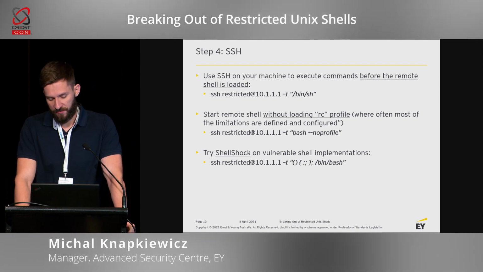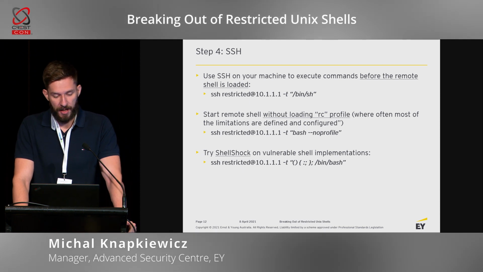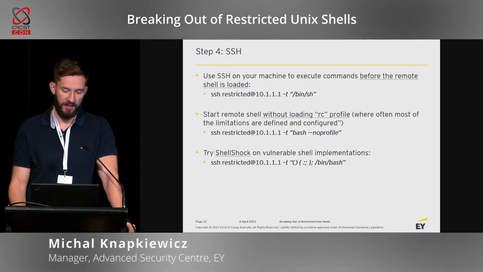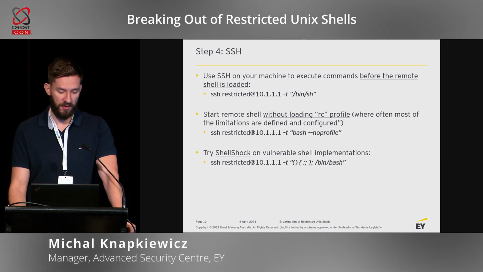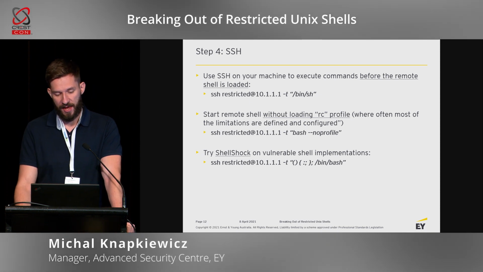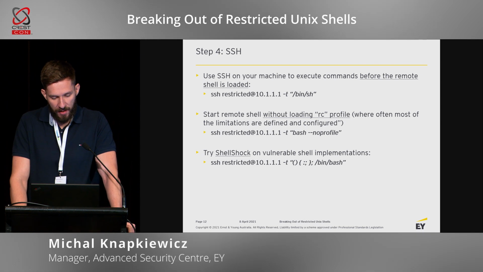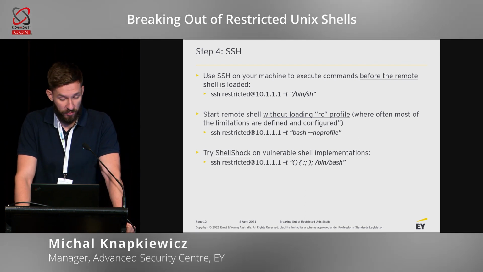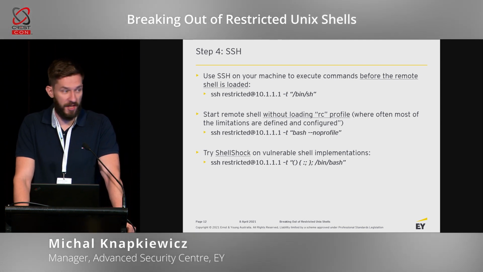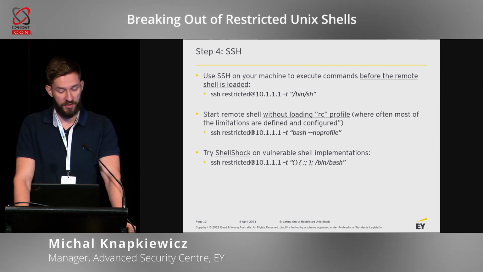Often with restricted shells, you would have a lot of restrictions configured in the .profile file, but with ssh -t, the commands that you provide are executed before the profile is loaded. So you can take advantage of it and launch certain commands before the restrictions have been applied. You could try launching /bin/sh and seeing if you can spawn a different shell before the restricted shell is loaded.